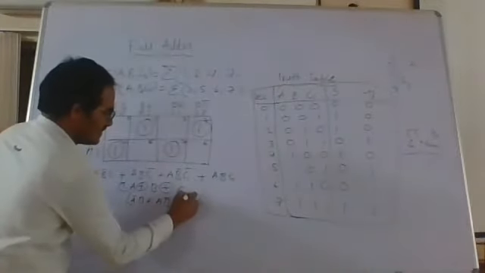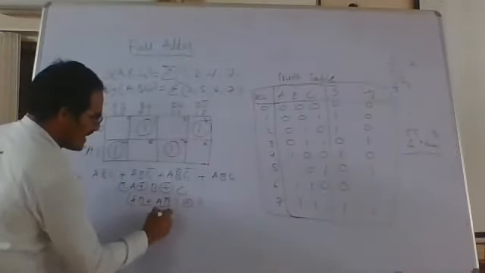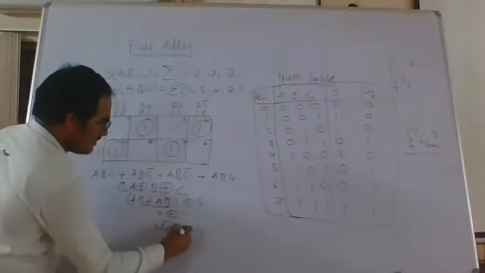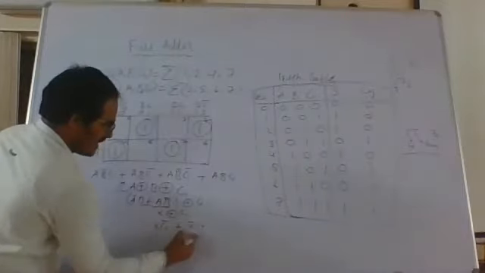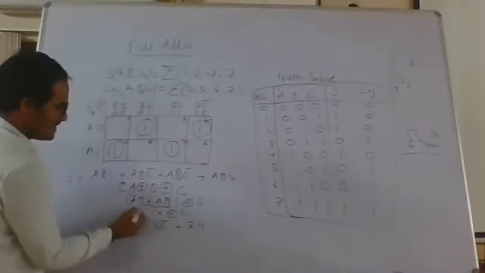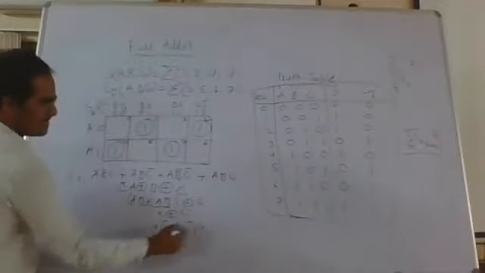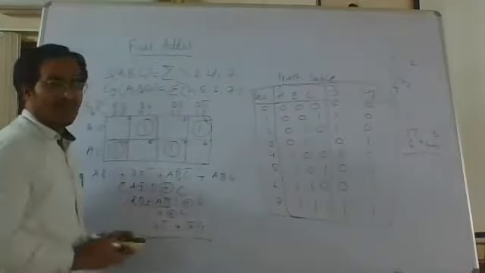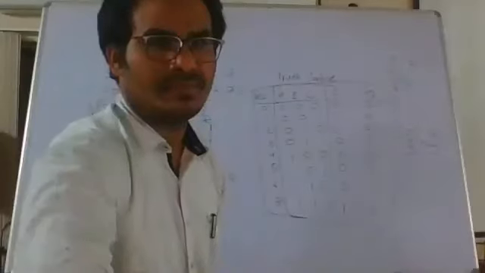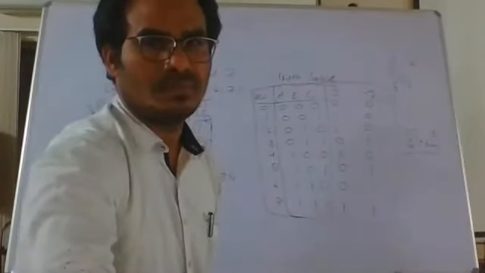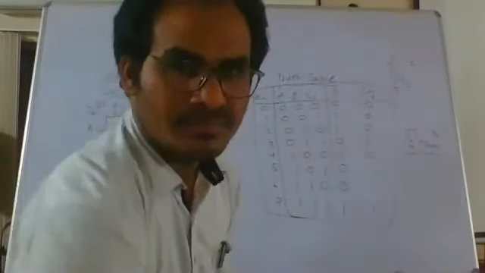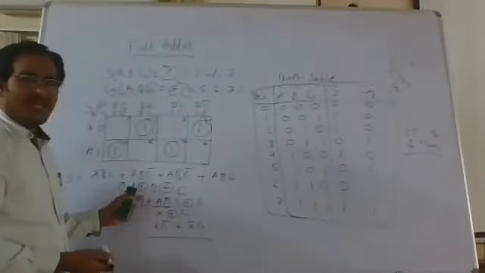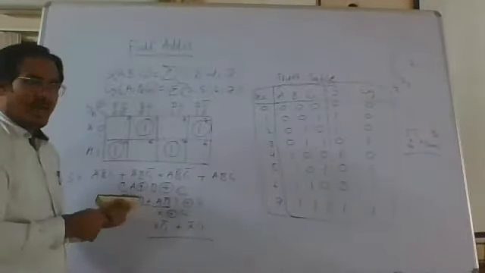XOR with the Ci, you assume this entirely as X XOR Ci, which is X Ci bar plus X bar Ci. Substitute A bar B plus A B bar in place of X and expand this expression. Remove the redundant product terms, and when you remove the redundant terms, you will get A XOR B XOR Ci.